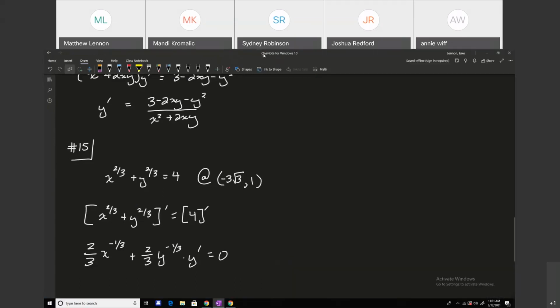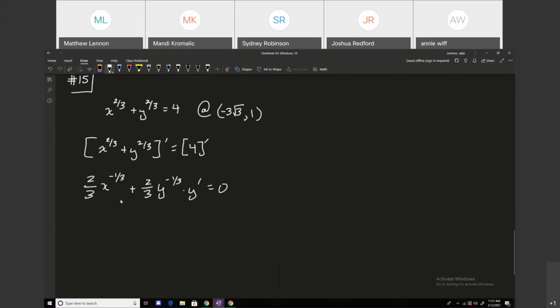So we just want to solve for y prime. Let's go ahead and multiply everybody by 3. So if we multiply both sides by 3, we'll get 2x to the negative 1/3 plus 2y to the minus 1/3 y prime. That'll equal 0. We'll subtract 2x to the negative 1/3. So we have 2y to the negative 1/3 y prime equals minus 2x to the minus 1/3.